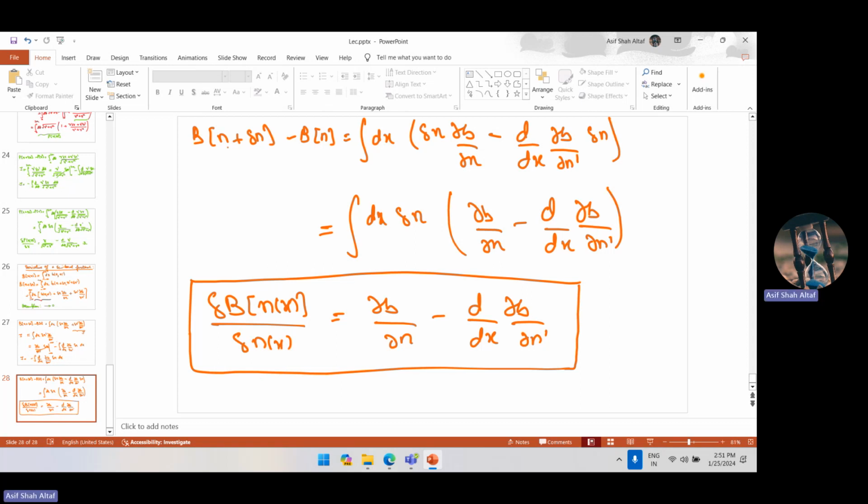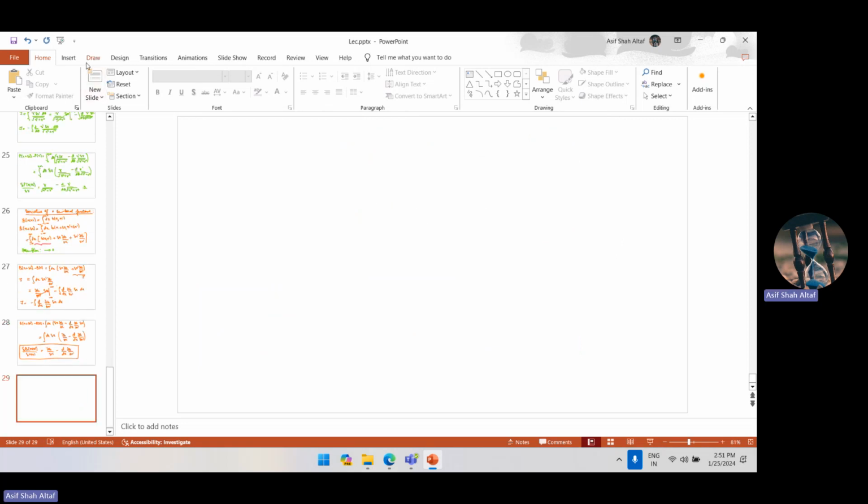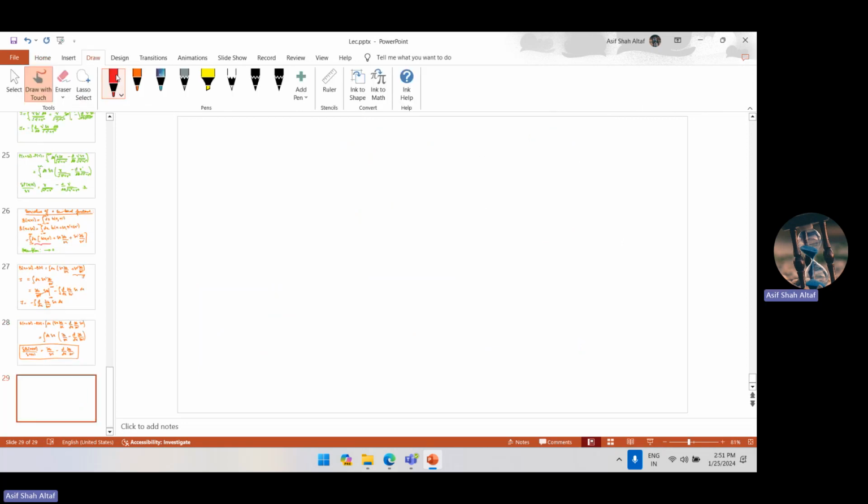So let's try an example for this. We have a semi-local functional. Basically, it's the energy functional, the second functional.